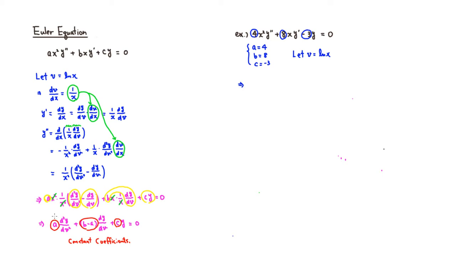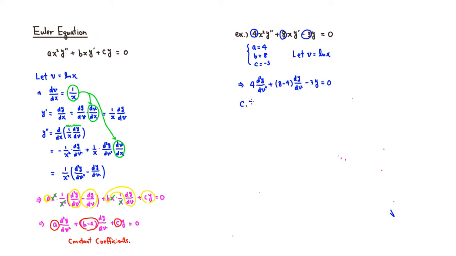So it's going to be a, which is 4, times the second derivative of y with respect to v, plus b minus a, so it's going to be 8 minus 4, which is 4, dy over dv, minus 3y equals 0. So we have a new equation which has a constant coefficient. So we can do a characteristic equation.